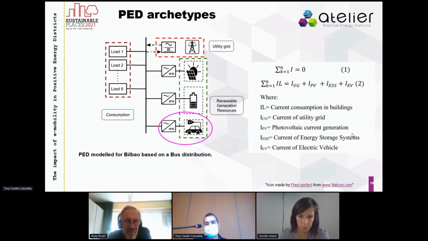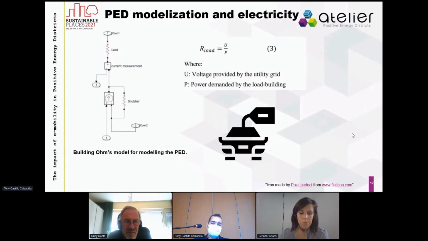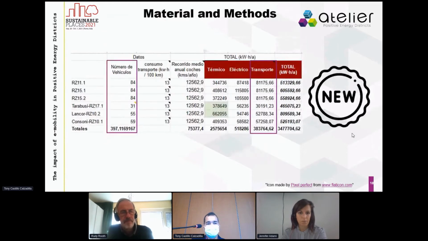The model was constructed, or calculated, using Ohm's law for every single element of our PET. I mean, heating system, cooling system, hot domestic water, electricity generation, and so on.